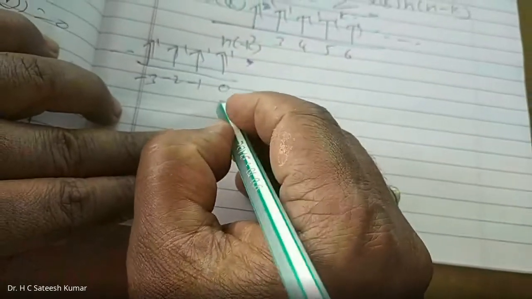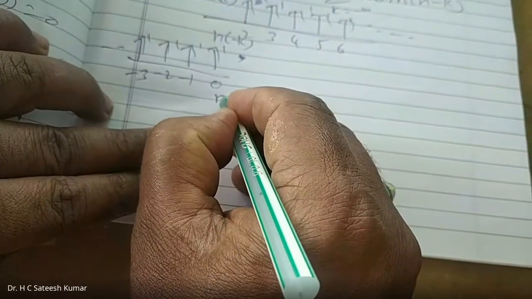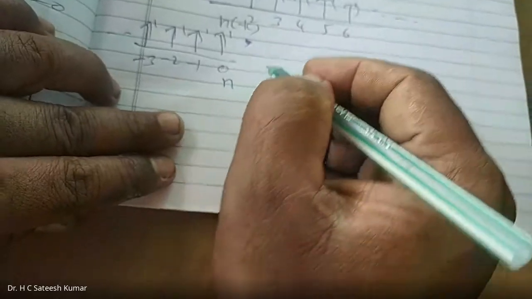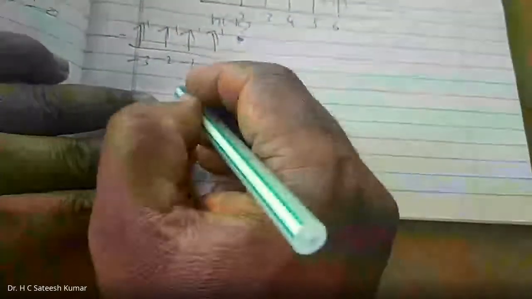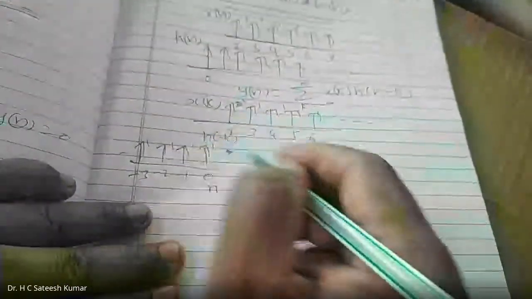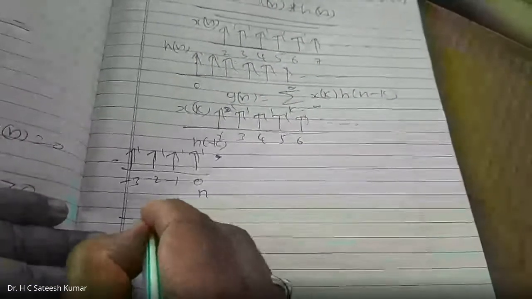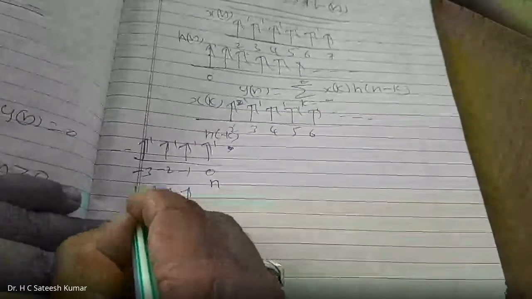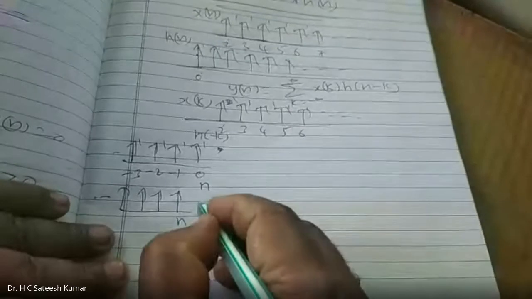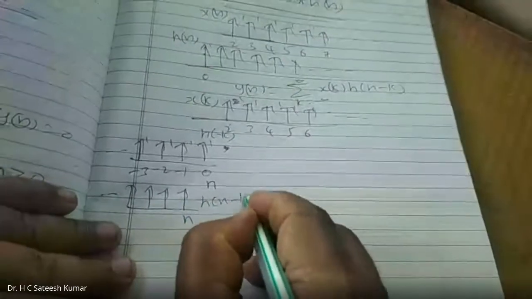The 0th value will be treated as n. So, case number 1: you shift it back. This is n. This is h of n minus k.